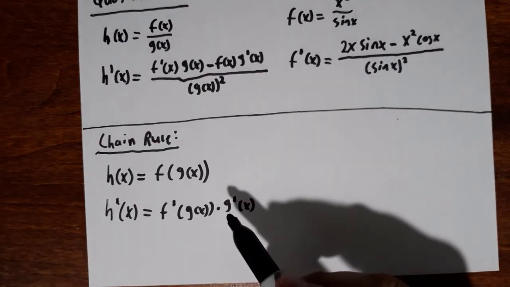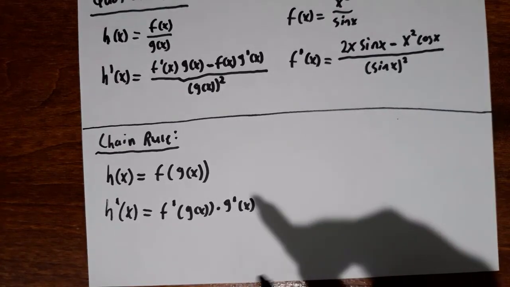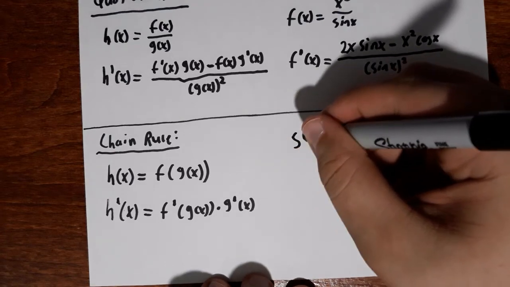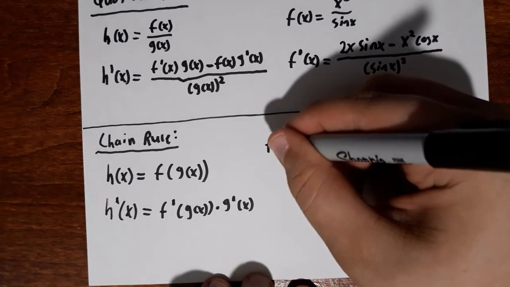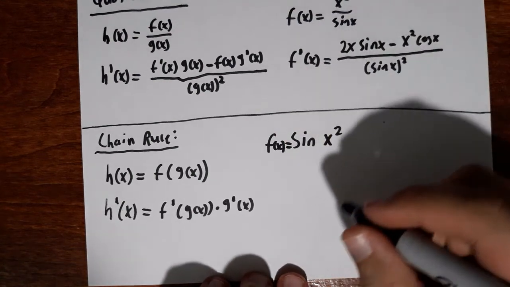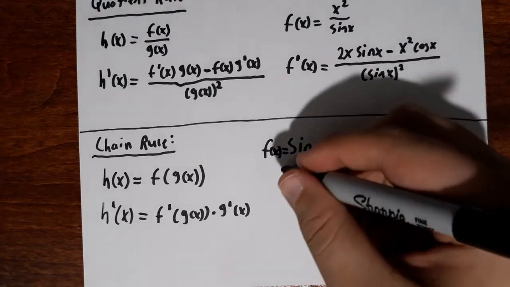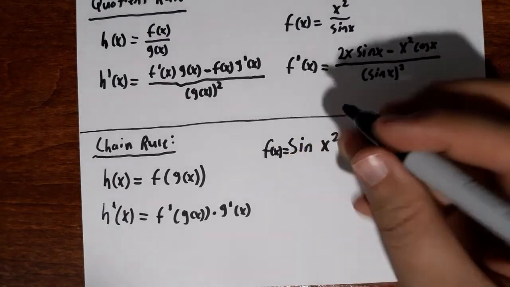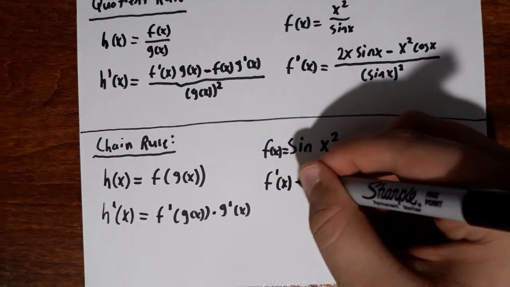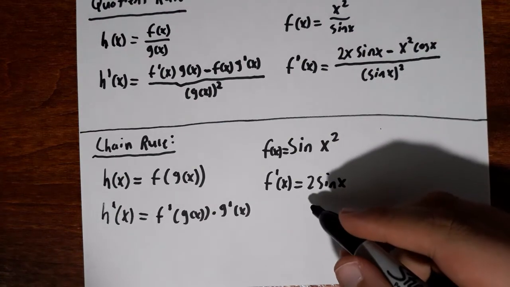This may look a little bit complicated, but if we look at an example or two, this may become a bit simpler. So for this example, we're going to use f of x equals sine of x squared. The derivative for this, if we were just looking with the power rule from earlier, we might think that maybe this would be 2 sine of x. But this is incorrect.